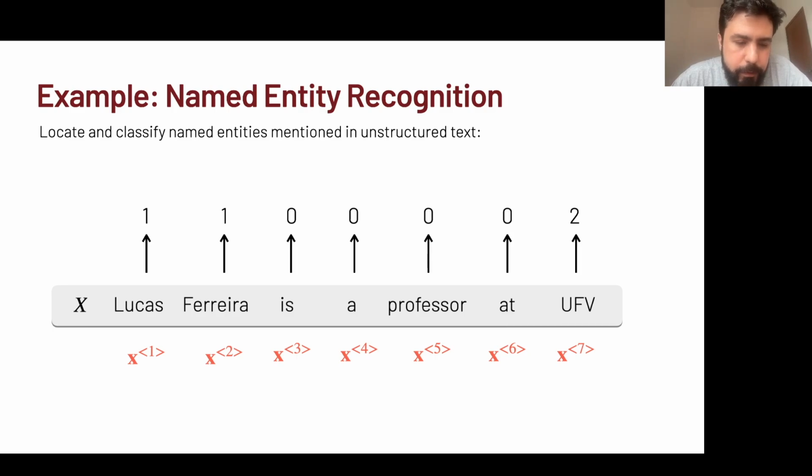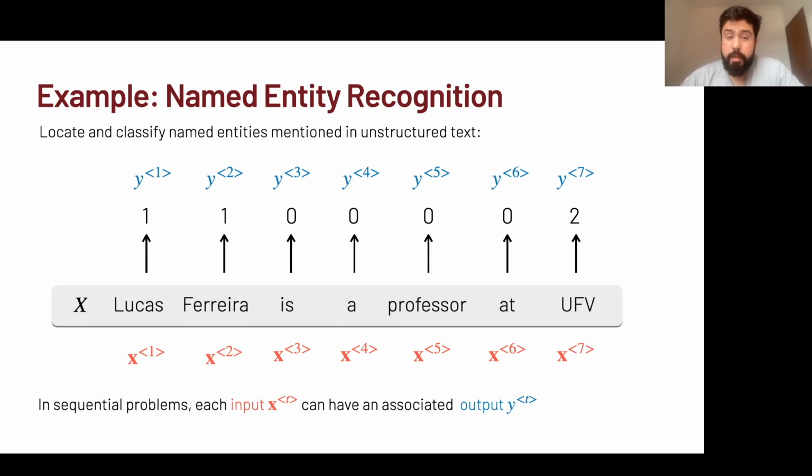We're going to use this notation for representing time step. So the first time step here is the word Lucas, and it outputs 1. And the second time step is 2, the word Ferreira, and I want to output 1, and so on and so forth. And in this sequence, we have 7 time steps or 7 elements.